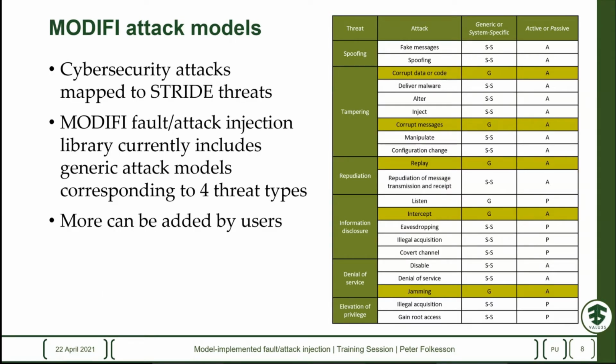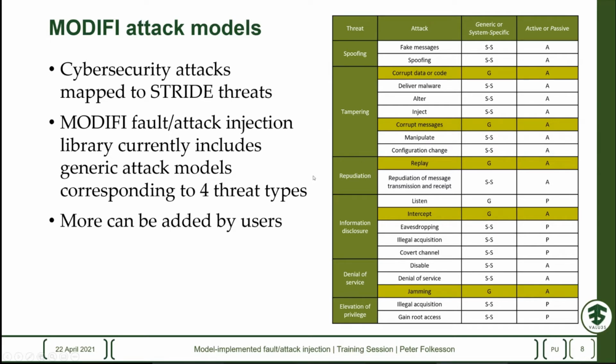In Modify, we have several attack models already included, and we have chosen to map our attack models to the Microsoft STRIDE threat model. Here, the threat space is divided into 6 threat types. There is spoofing, which are threats related to falsification of identification or data. Tampering, which are threats related to manipulation of either data or code in the system.